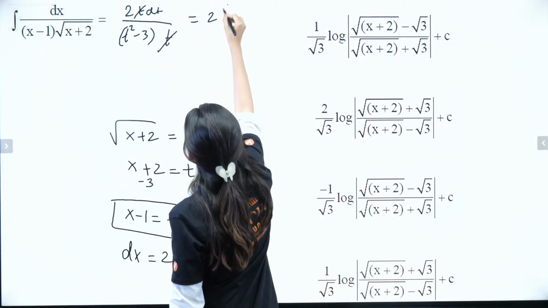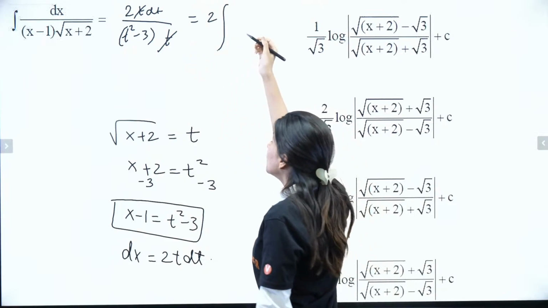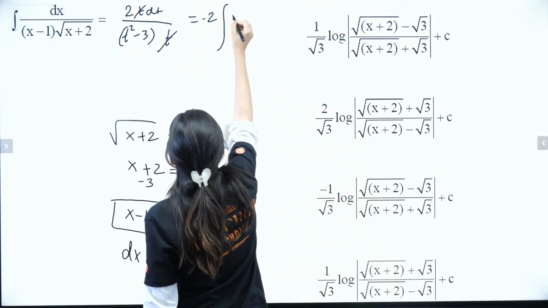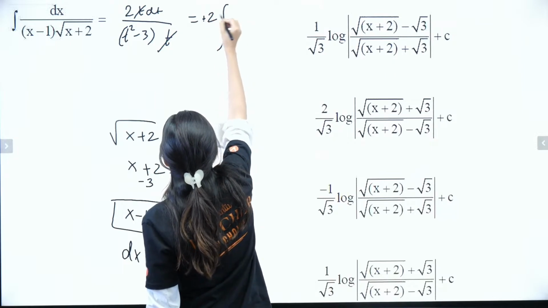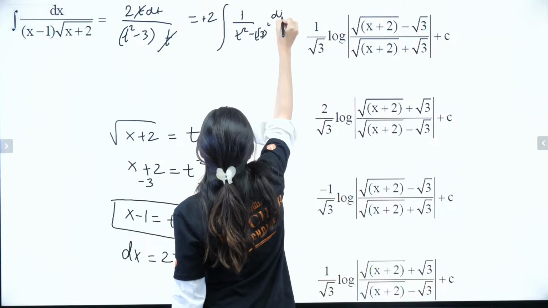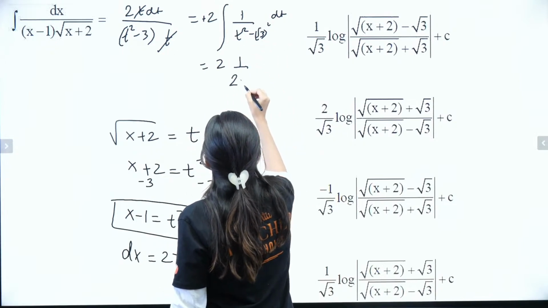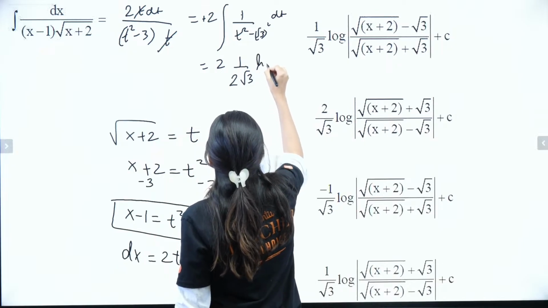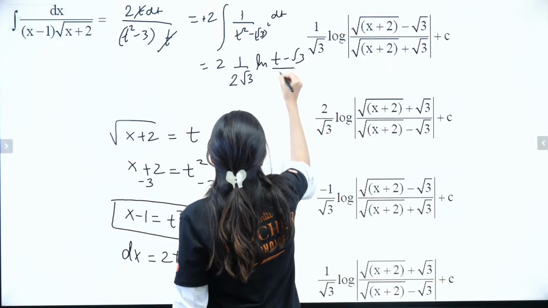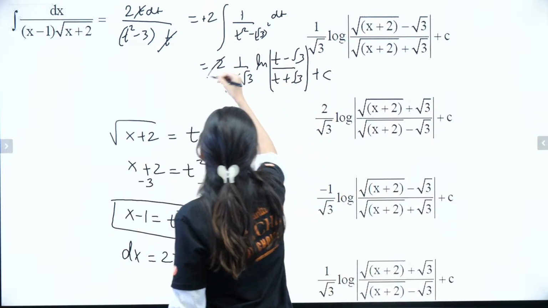So this is 2 times 1 upon t square minus root 3 square. You can directly apply the formula 1 upon x square minus a square. So this is 1 upon 2 root 3 log of (t minus root 3) upon (t plus root 3) mod plus constant.